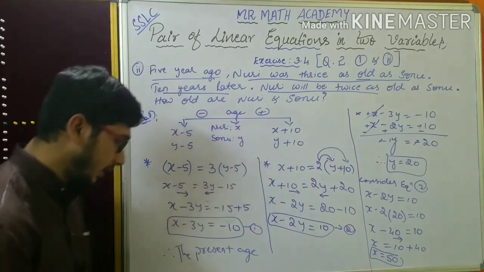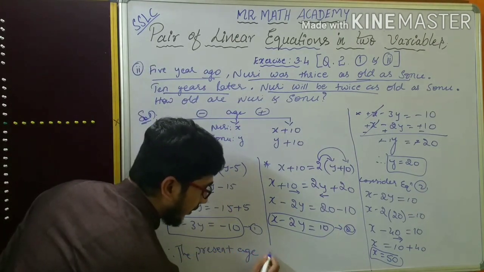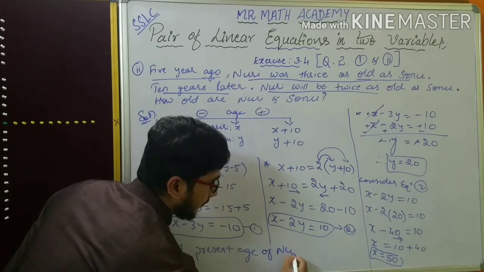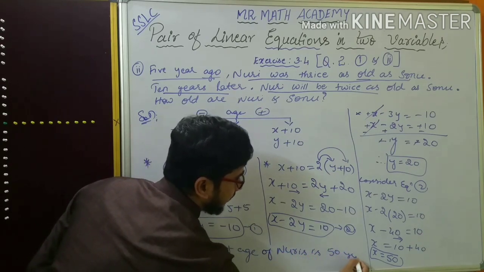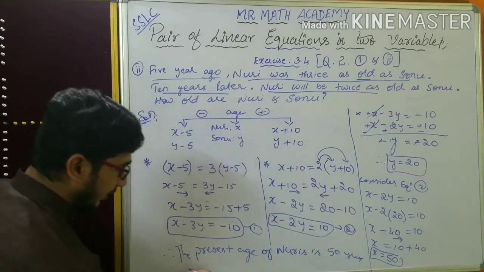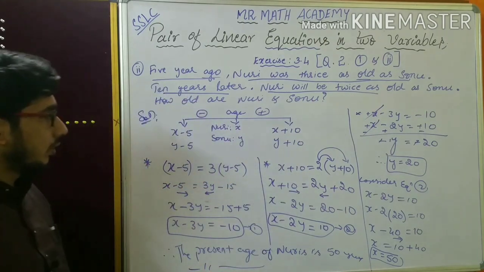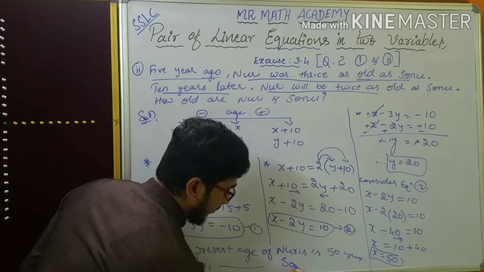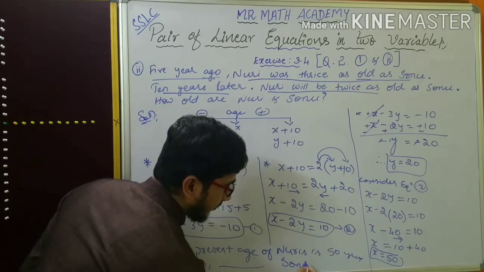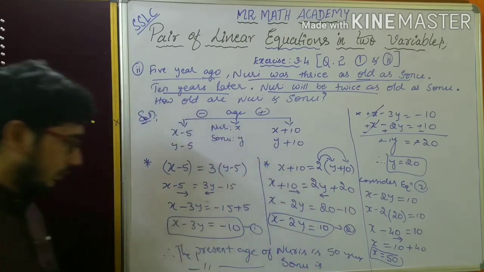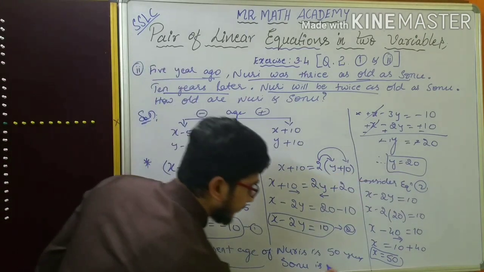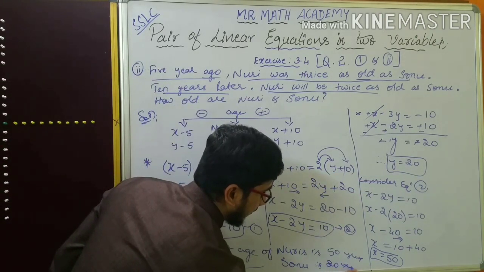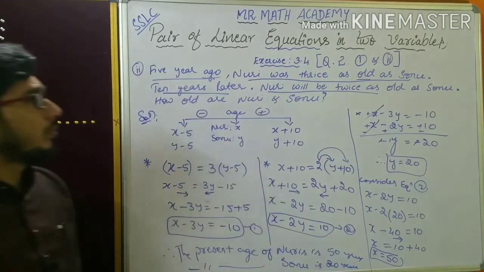Noori's age is 50. The present age of Noori is 50 years. Then the present age of Sonu. How much is it? Sonu is nothing but y. Where is y? Here, 20. 20 years. This is the problem.